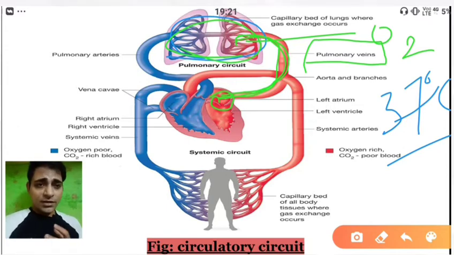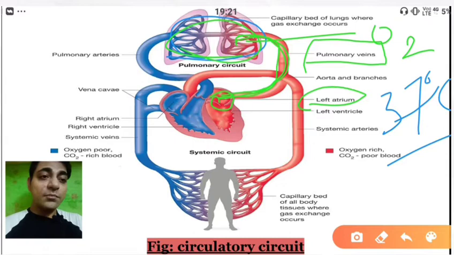Now one thing I will say: when a particular chamber is receiving the blood, it will relax, and when a chamber is sending the blood, it will contract. So when the left atrium is receiving the blood from the pulmonary veins, it will relax and get filled up.